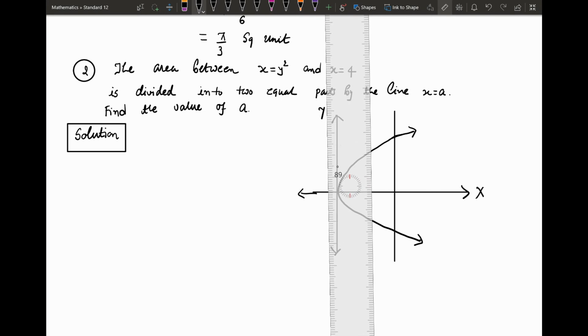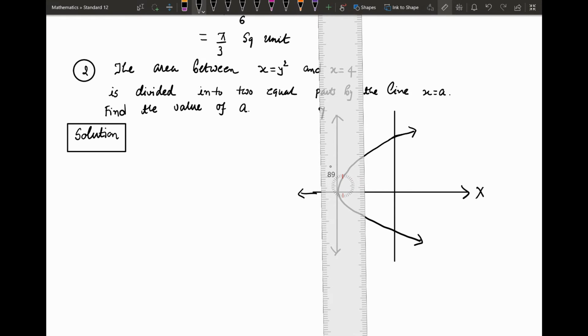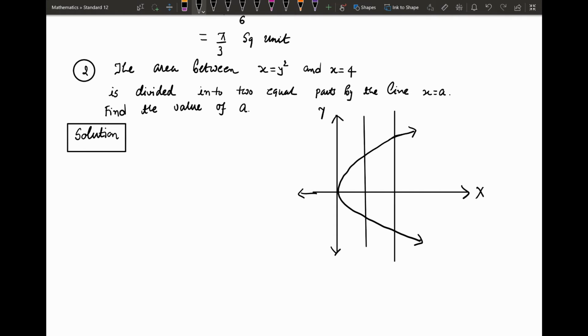x equal to a lies in between 0 to 4, because it divides the area. Say this is the line x equal to a, this is x equal to 4.